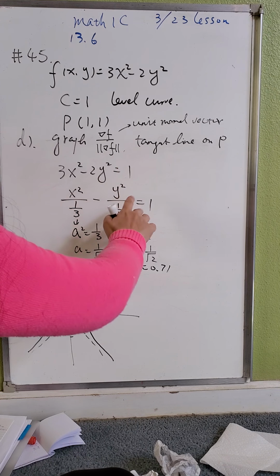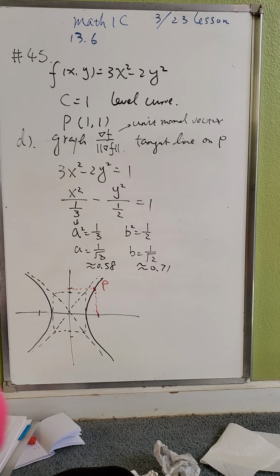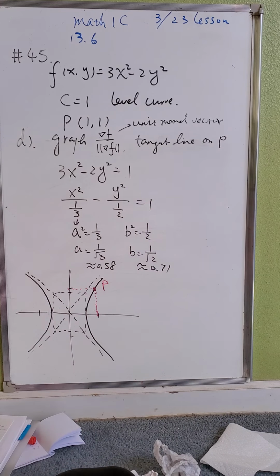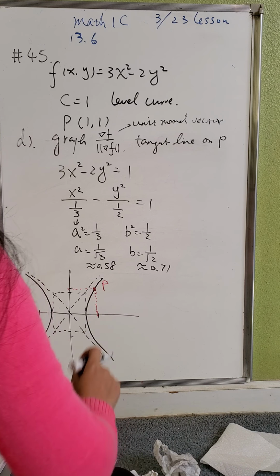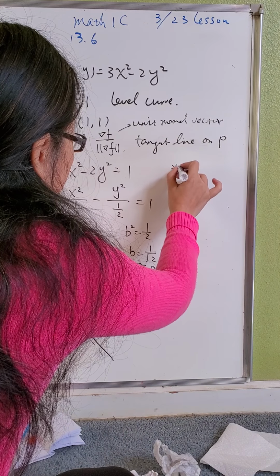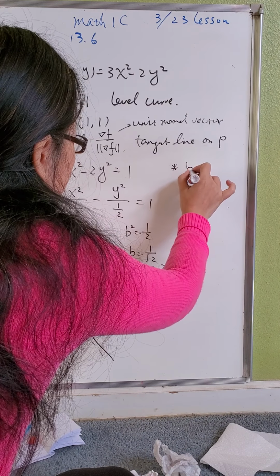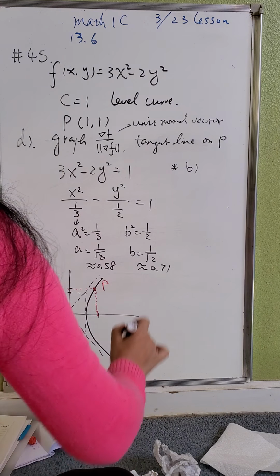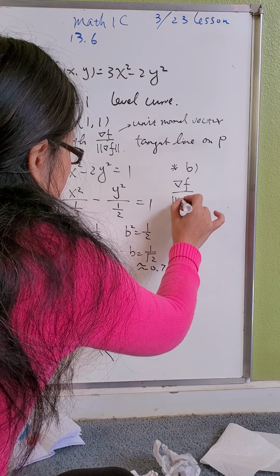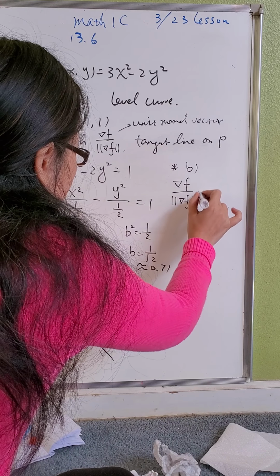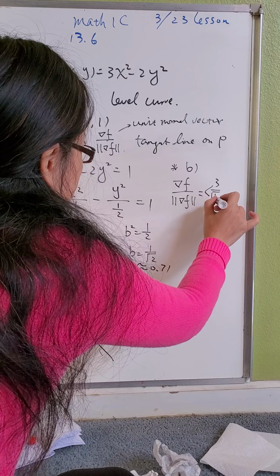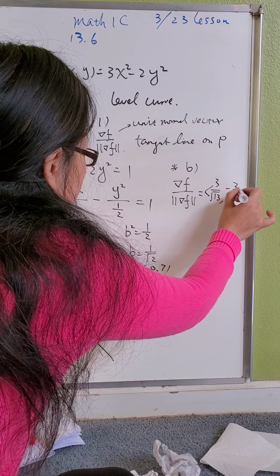So this one we have from part B. Let me go back to find it from part B, yeah. From B, our del F over its magnitude is equal to 3 over square root 13 and negative 2 over square root 13.